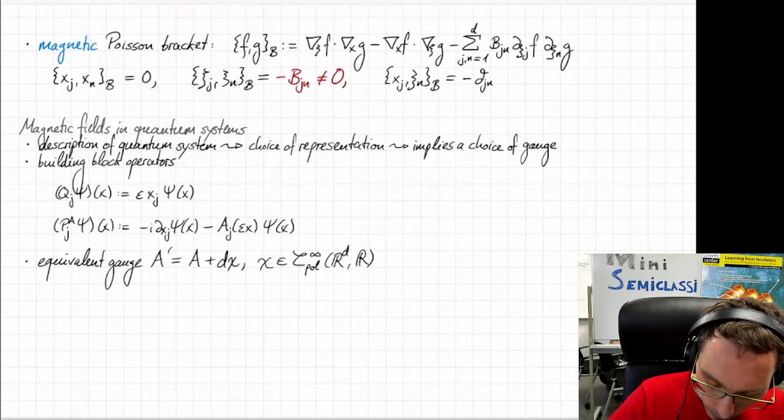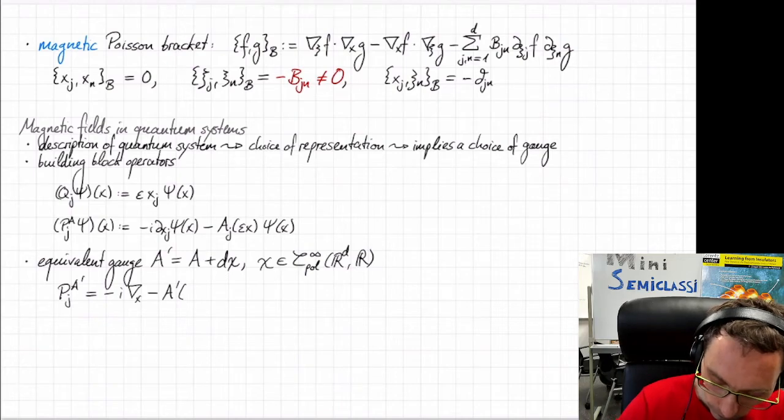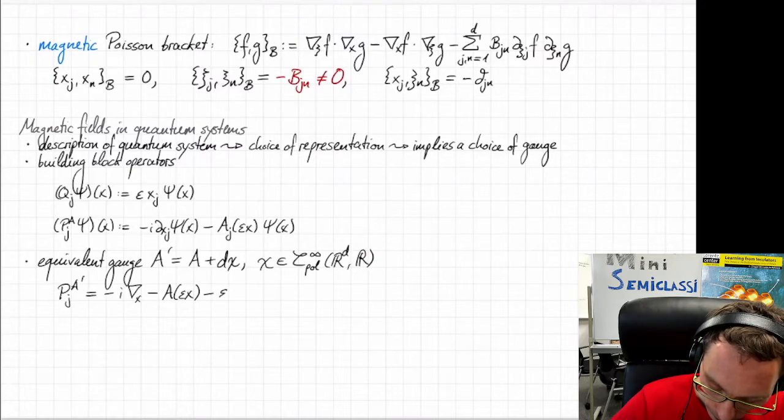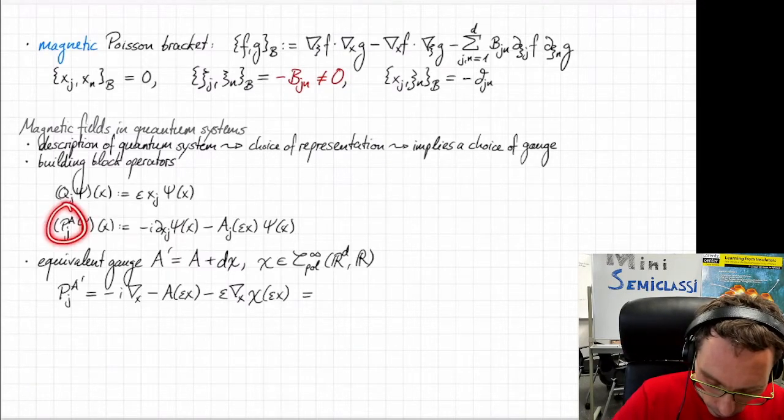Then the operator P A prime j, which is minus i gradient minus A prime evaluated at epsilon x. Sorry, in this case it's A of epsilon x minus epsilon, the gradient of chi epsilon x. And this here is unitarily equivalent to the original operator here.